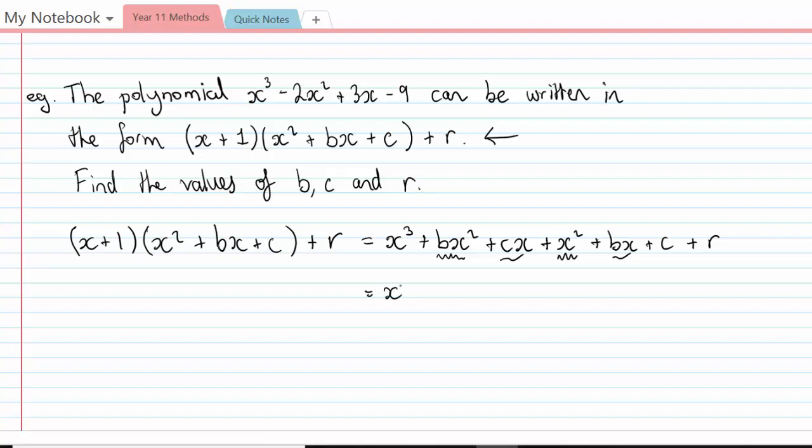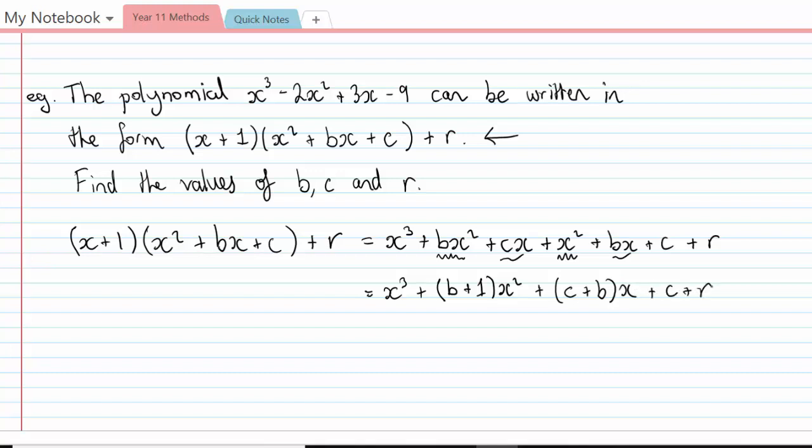So I've got x cubed plus, now if I group those x squared terms, taking the x squared as a common factor, I would be left with b plus 1 x squared. And if I group those x terms, I would be left with plus c plus b x, so taking the x as a common factor out of them. And then I've also got a plus c plus r.